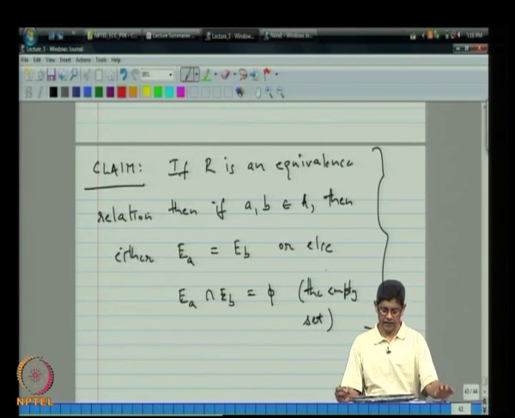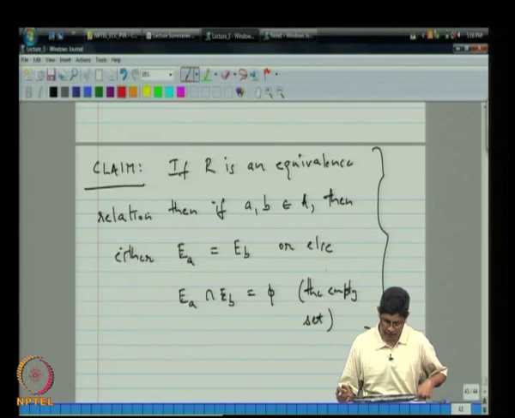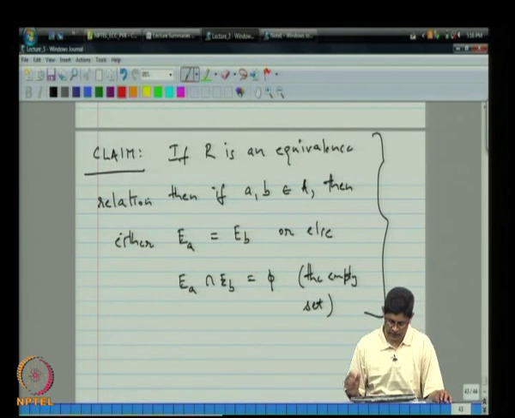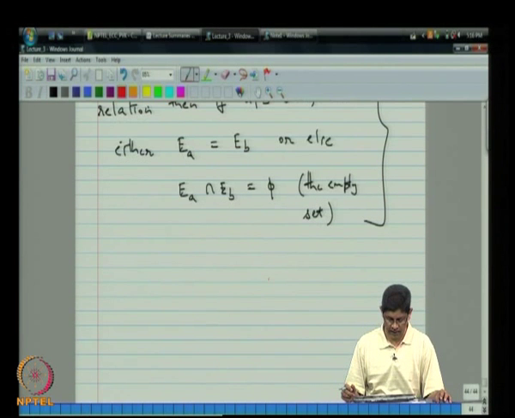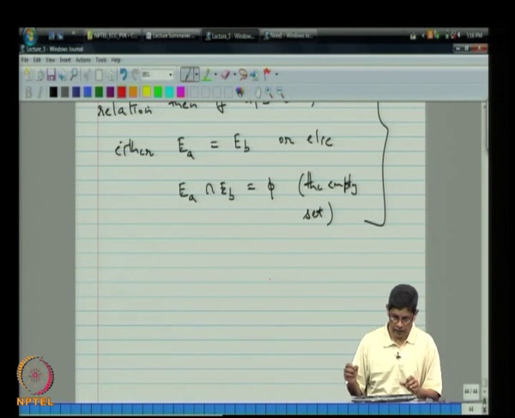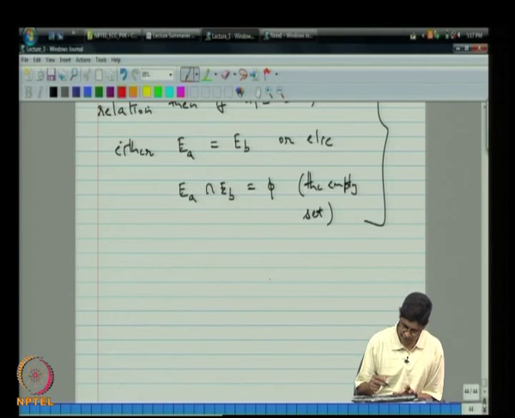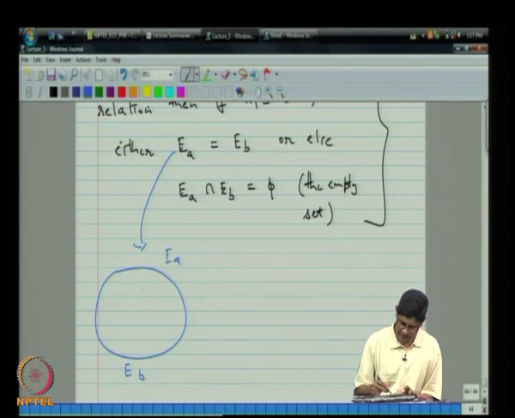So, if R is an equivalence relation and if A and B belong to A, then either E_A equals E_B or else E_A intersect E_B is the empty set. So, that means that there are only two possible pictures that you can have in mind. One of them says that you have E_A and you have E_B, and they are one and the same.